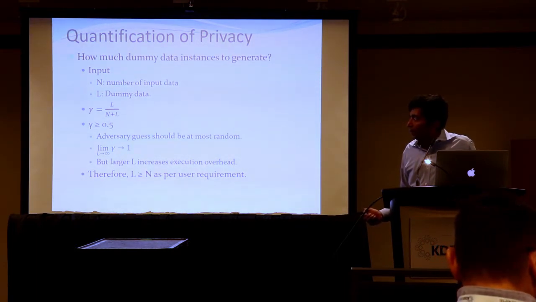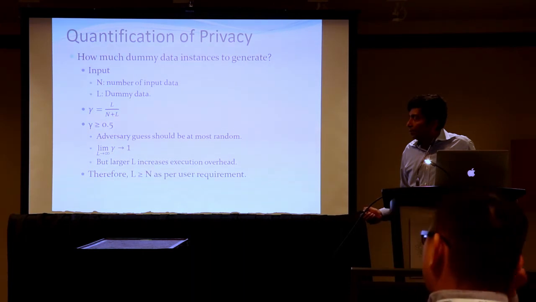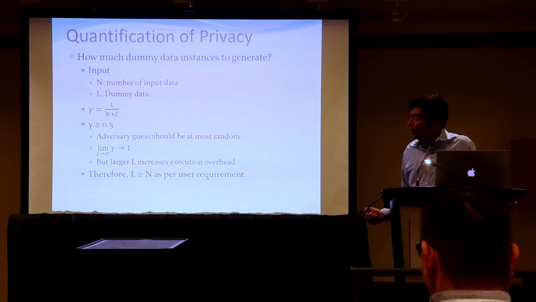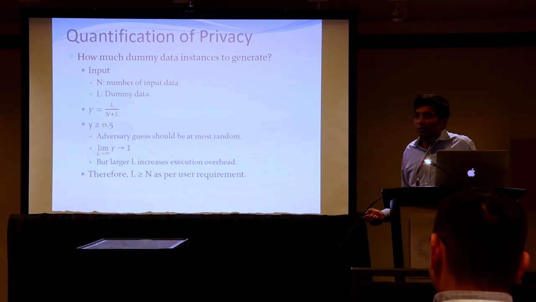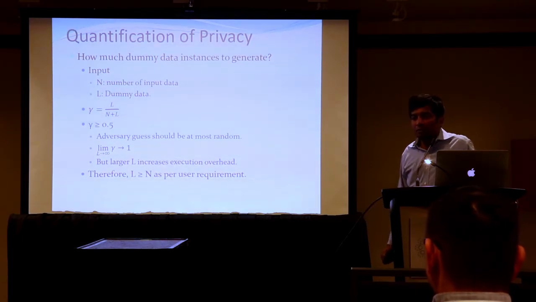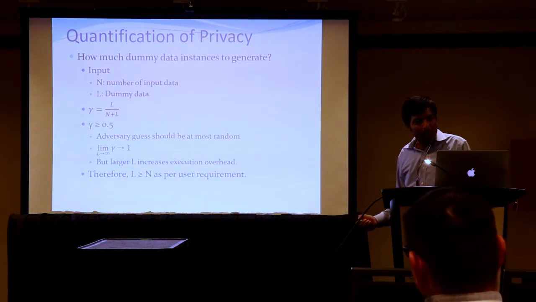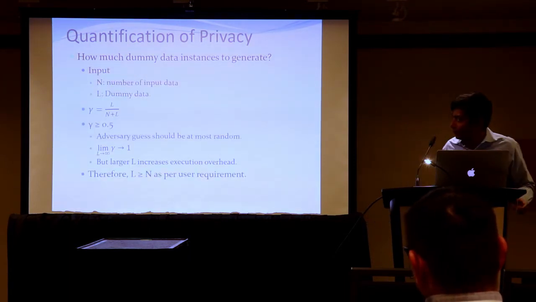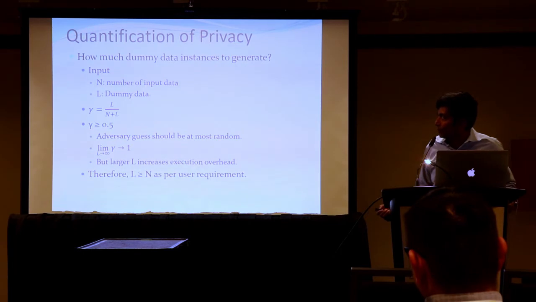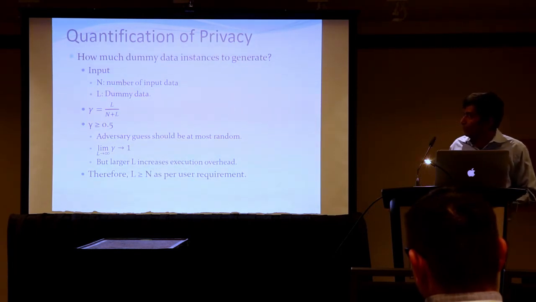On the other hand, if L is equal to n, then gamma will be 0.5. In that case you are giving half of the privacy guarantee.